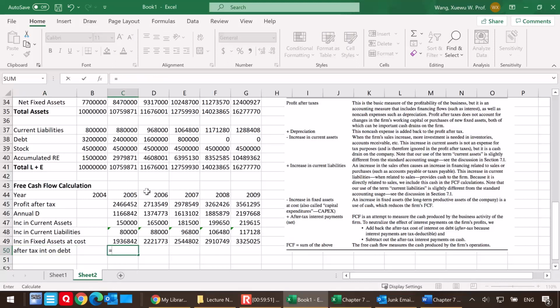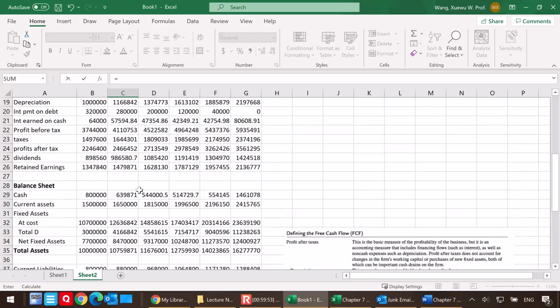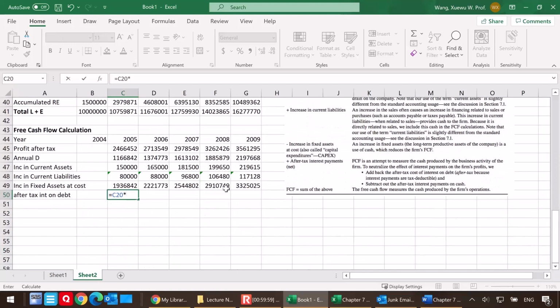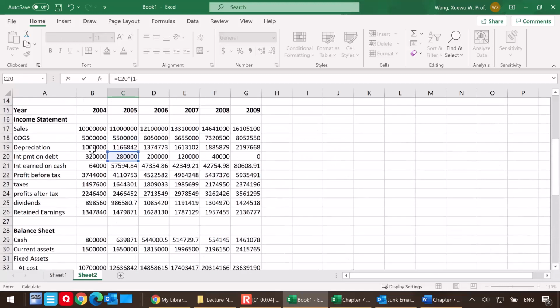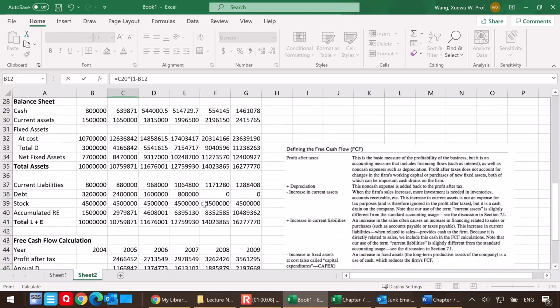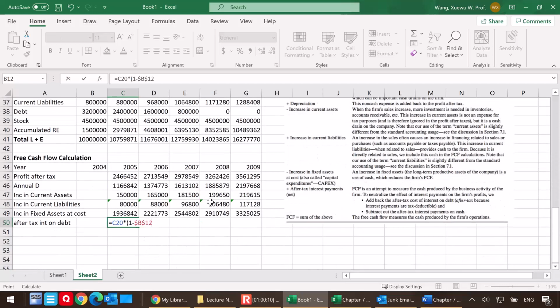The interest payment on debt is this number here, multiplied by 1 minus the tax rate, which is 40% we assumed. Certainly we want to lock down the 40%. So that is the after-tax interest cost on debt.